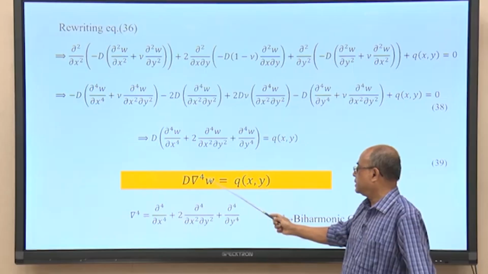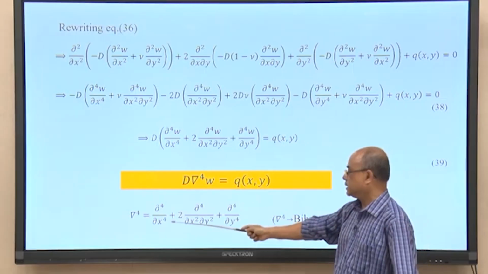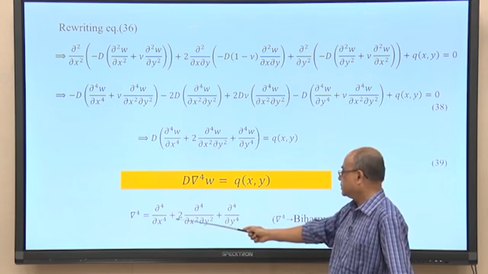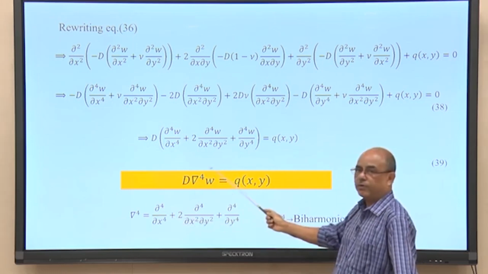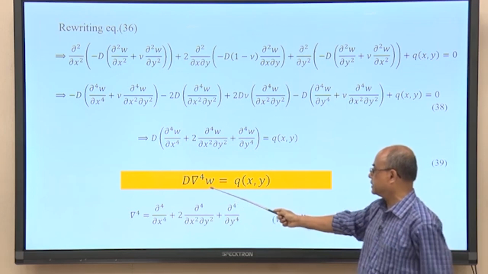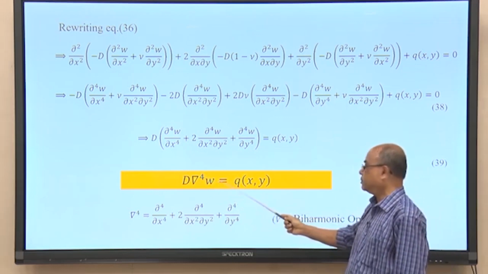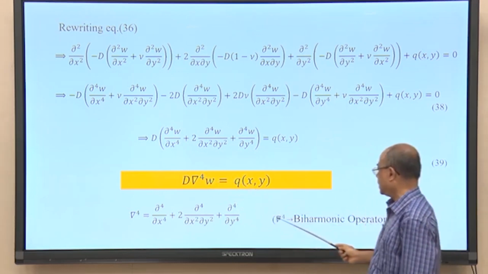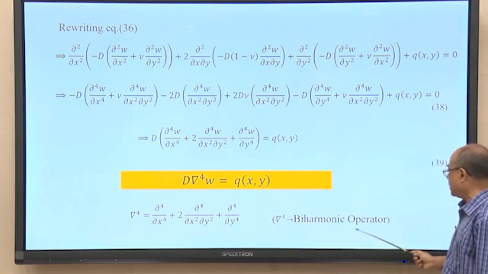If I denote del 4 as the biharmonic operator, then in a compact form I can write the plate equation as D del 4 w equal to q(x,y), where del 4 is the biharmonic operator.